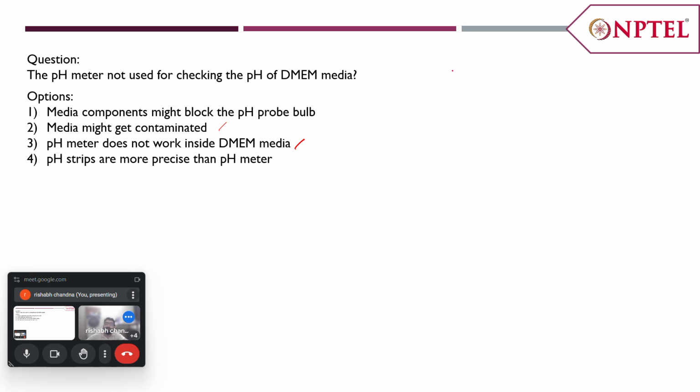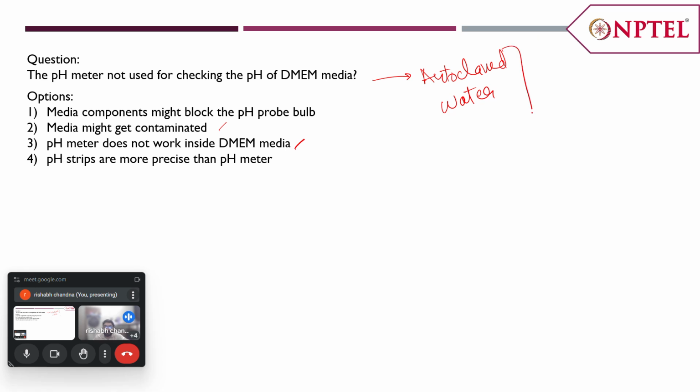Okay. So what happens whenever we are preparing the DMEM media? First we dissolve the media in autoclaved water. This media, we get in a powdered format.